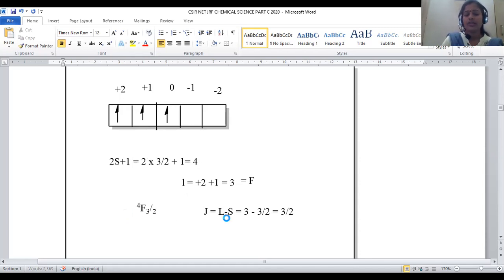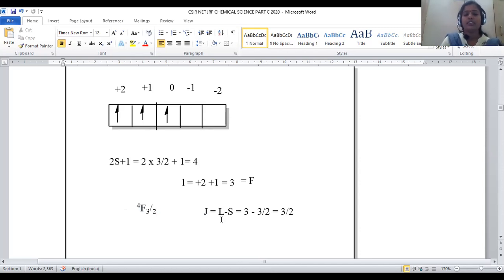Let us find the J value. J is calculated based on the number of electrons present in the d orbital. Here the d orbital has a less than half-filled configuration.